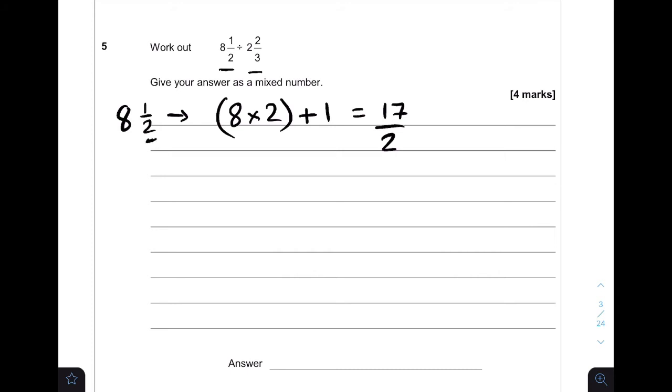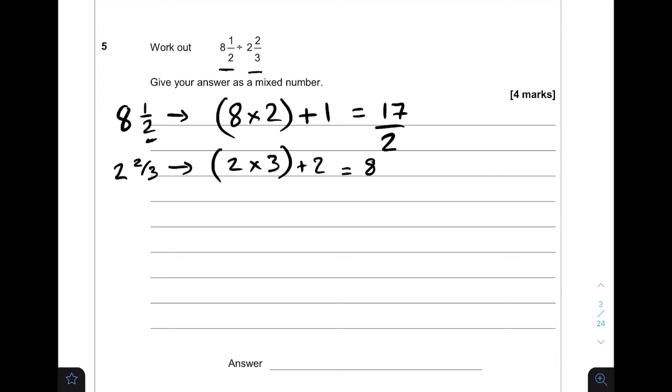So the next piece we're going to deal with is 2 and 2/3. Now, using the same concept as I mentioned above, we can write this out as 2 multiplied by 3 plus 2, as we have a 2 on the numerator side, and that is 2 times 3, 6, plus 2, 8.